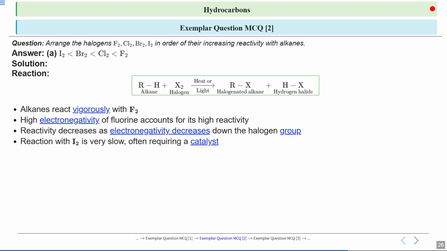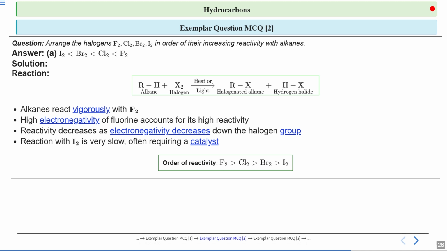So when it comes to iodine, the reaction with alkanes is very slow and often requires a catalyst to proceed. This is because iodine is the least electronegative of the halogens we are considering, making it least reactive in this context. So this is the order of reactivity, right? The main reason for this order is the difference in electronegativity, which decreases from fluorine to iodine.